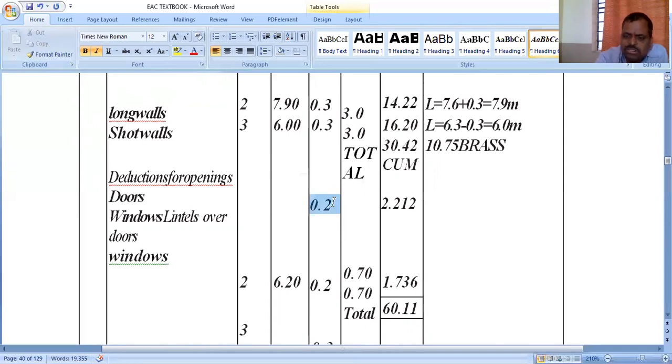These things are not needed here. That's why I'm just deleting these things. These are the unnecessary things which have come here. I will just go on deducting this.